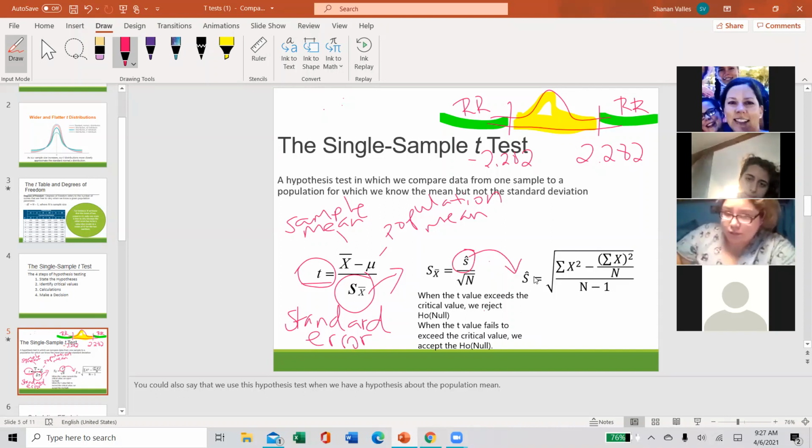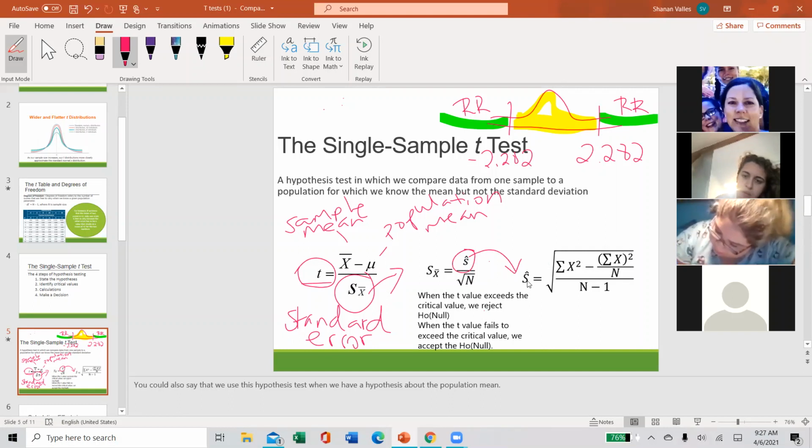So even though I listed our formulas this way, we're really going to be working backwards. We're going to have to calculate this first in order to get this number so that we can find this one. And then once we get this one, we can plug it in here and calculate our t.